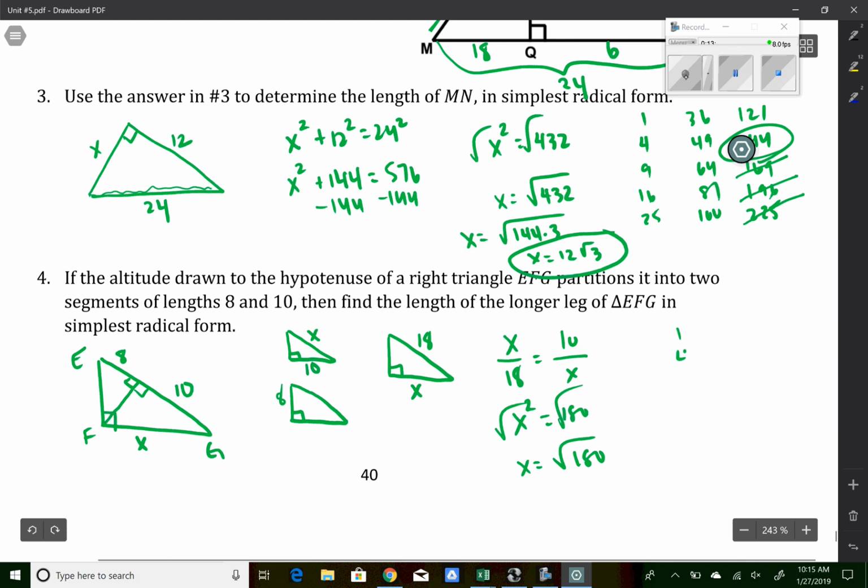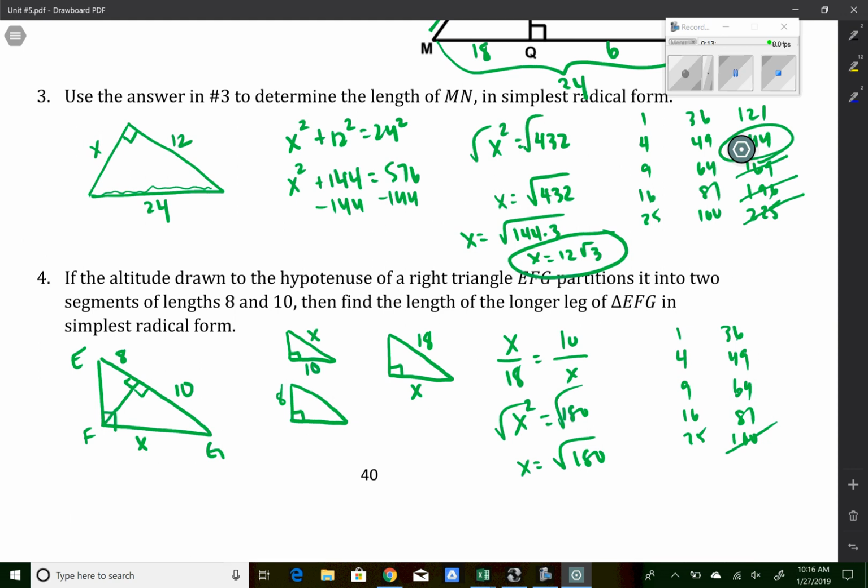Again, looking at this list, 1, 4, 9, 16, 25, 36, 49, 64, 81, and then 100 is already too big. So again, we're trying to find the largest number here that goes into 180. I know 9 goes into it, but the 9's not going to be the number that we want.